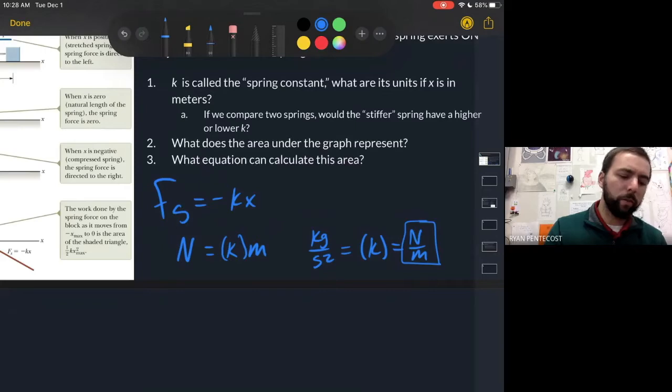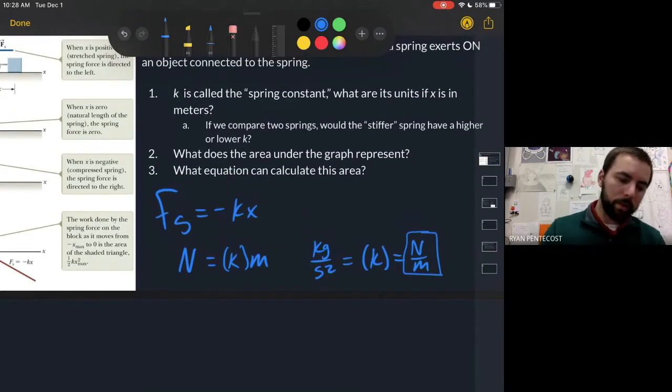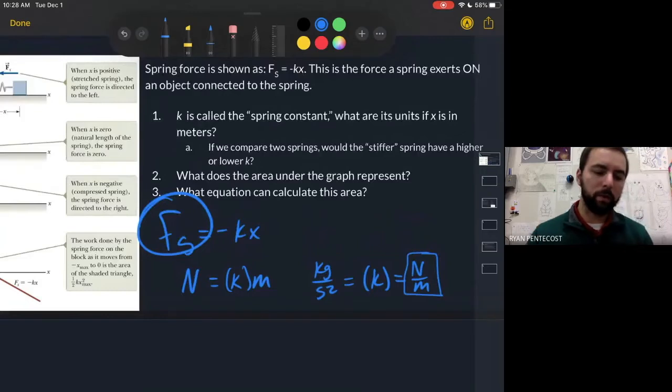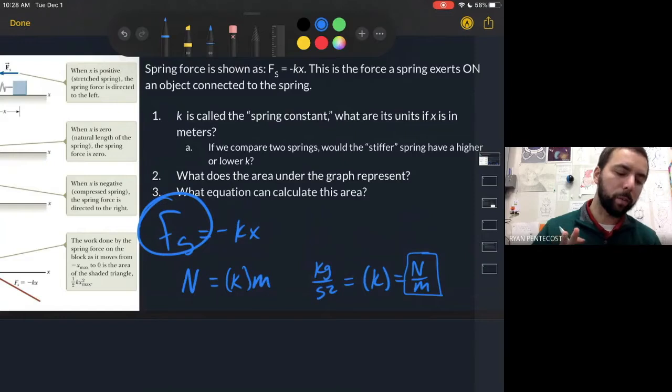Now, if we compare two springs, would the stiffer spring have a higher or lower K constant? So this F is the force that a spring is exerting on an object. If you try to press on a spring, if it's stiffer, it's going to put more force on you, right?